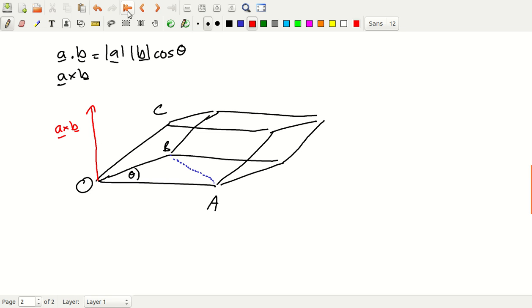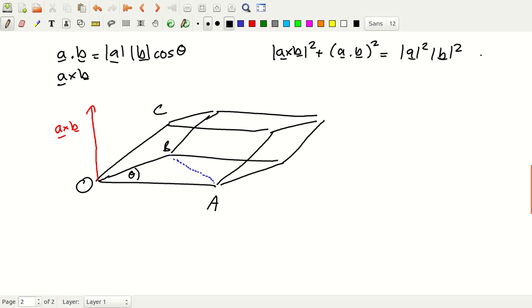And can we see algebraically what the magnitude of A cross B is? Well, what you have to do is basically work out the magnitude of A cross B squared plus A dot B squared equals magnitude of A squared times the magnitude of B squared. Again, it's not as bad an algebra bash as you might imagine.